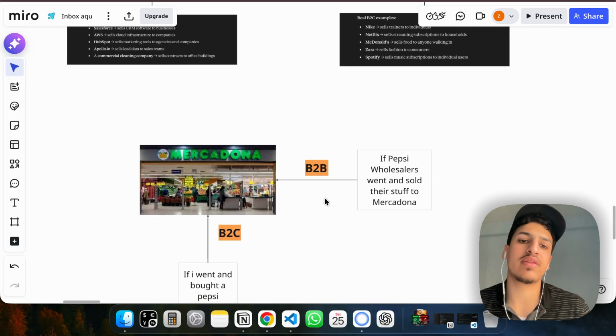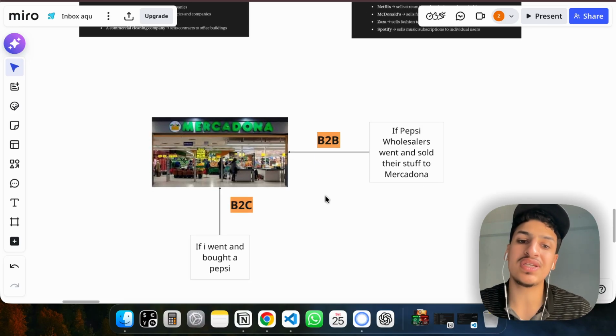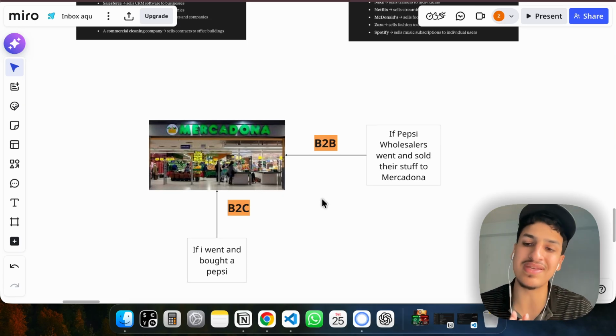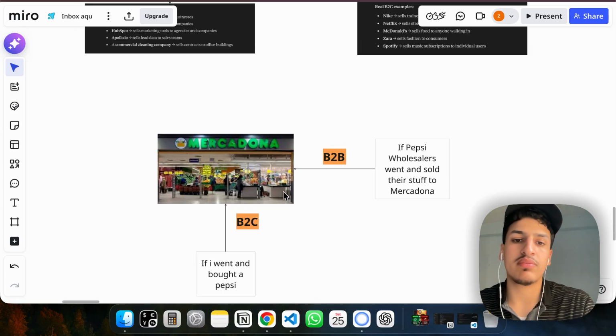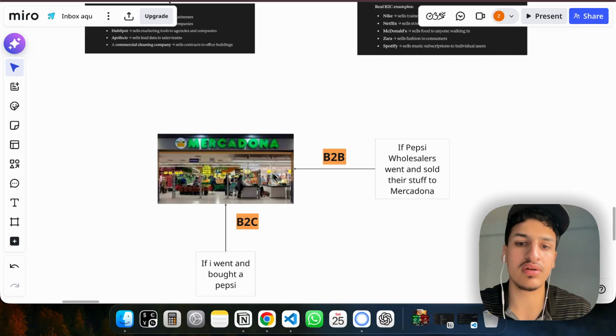The last thing that I want to clarify is a real life example that B2C businesses can be B2B as well. It's not that a B2C business can only sell to customers. It can be B2B as well. Let's take Mercadona, the biggest supermarket here in Spain.